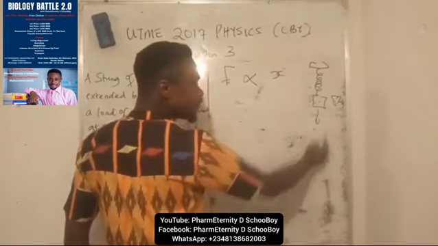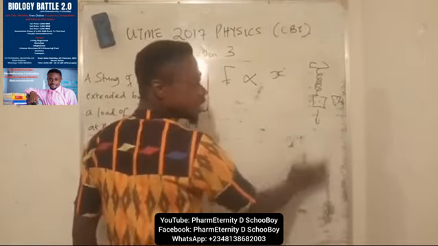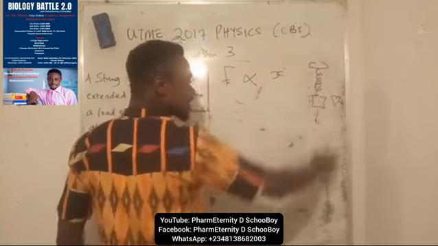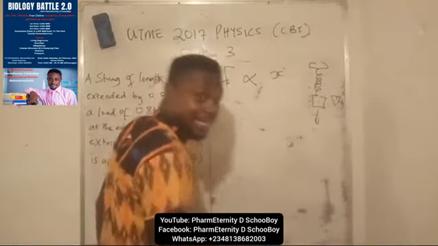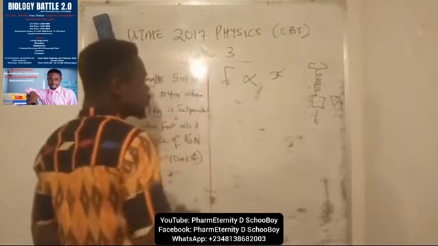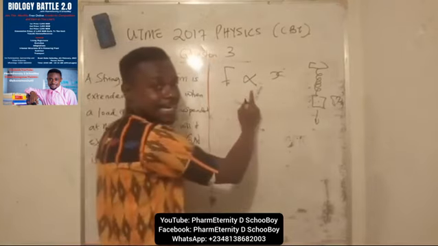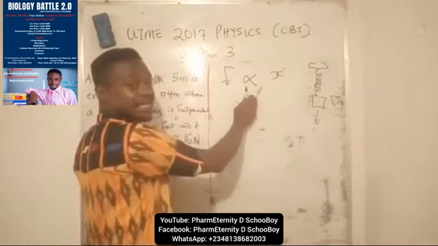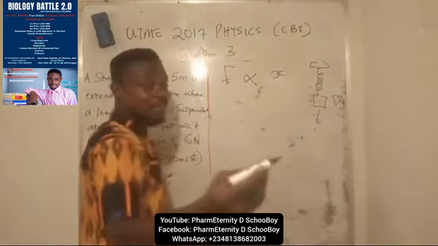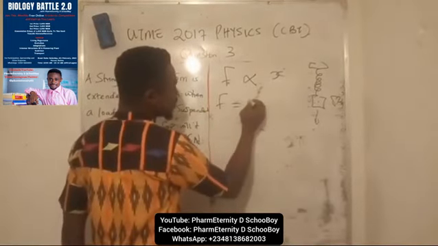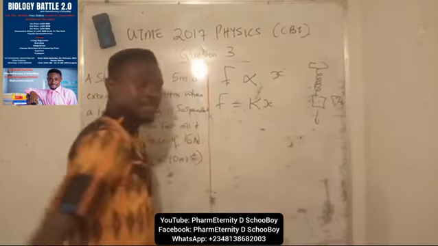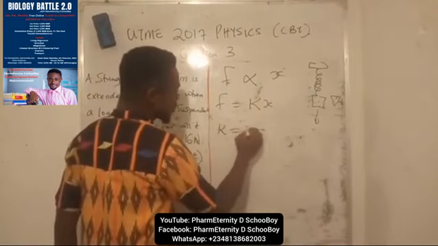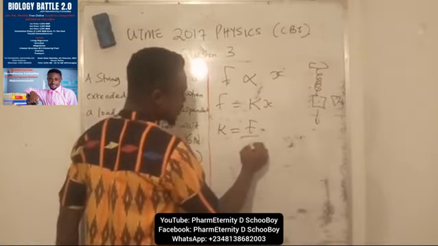So as the force is increasing, the displacement or the distance will increase. So F is directly proportional to X. To remove this sign of proportionality, we introduce a constant. So F is equal to Kx. That means K is equal to F over X.